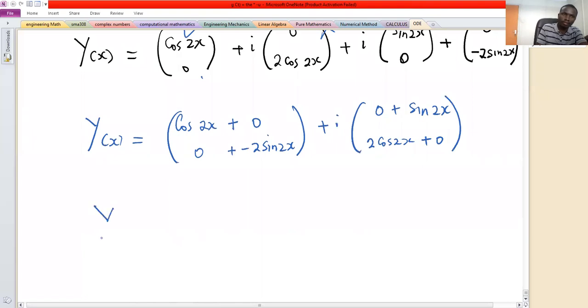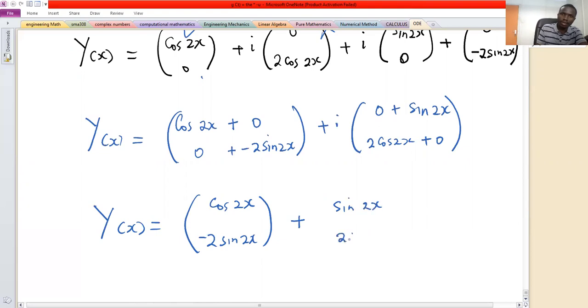That will give us y of x is given by cosine of 2x, minus 2 sine 2x, plus i sine of 2x, twice cosine of 2x.